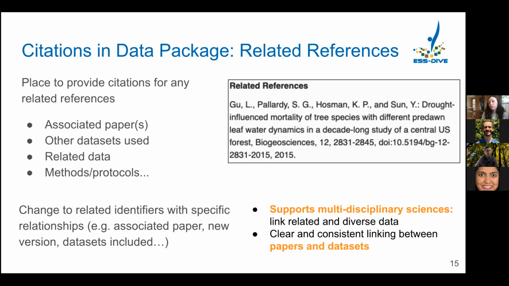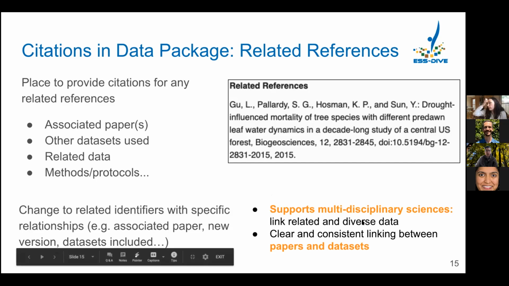So this field is pretty important, particularly for multidisciplinary sciences, where you really may need to link related and diverse data in order to understand scientific conclusions. And we can, in the future, use this to build tools around improving the efficiency of data management and reuse for multidisciplinary sciences, where again, you really want to be able to link related data.